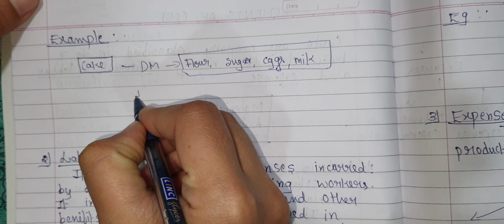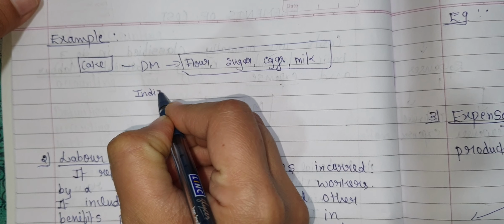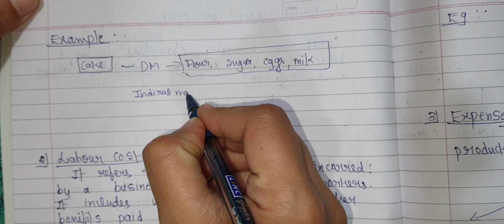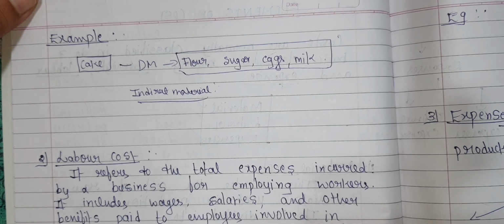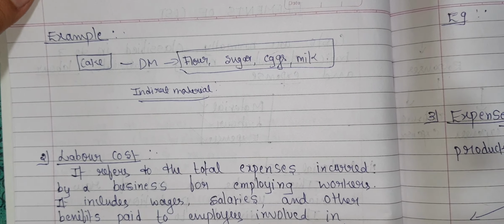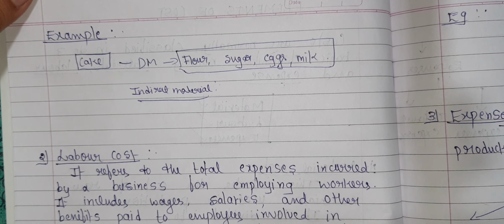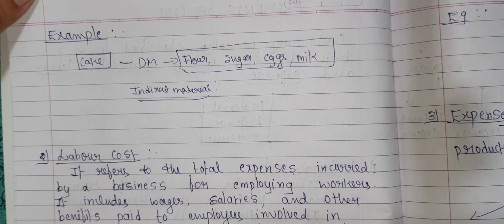What are the indirect materials we will use in making the cake? Those are the materials which are not directly used in the production of a product.